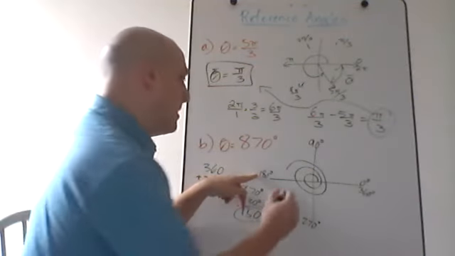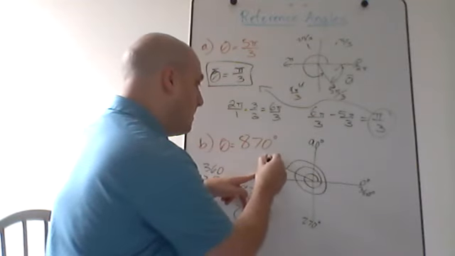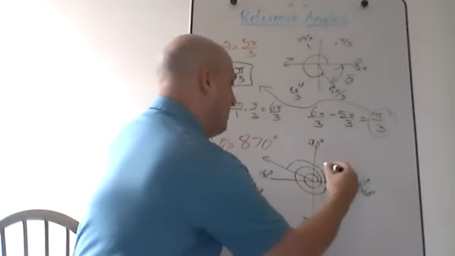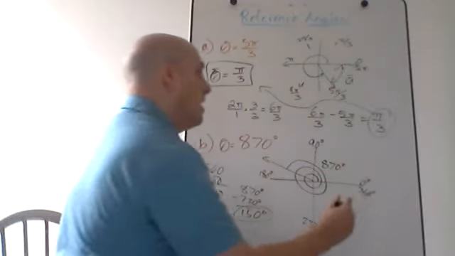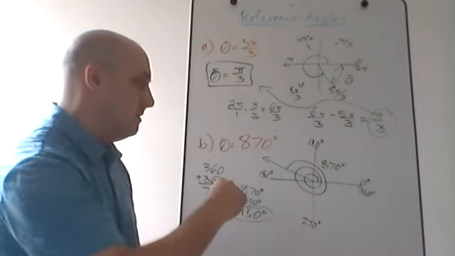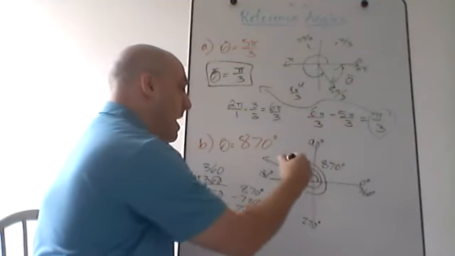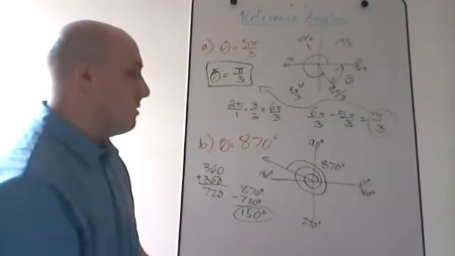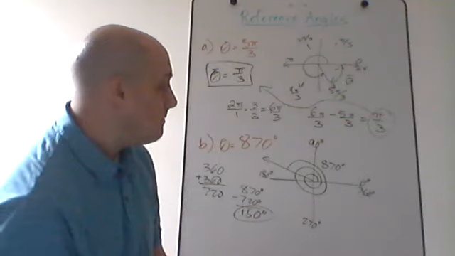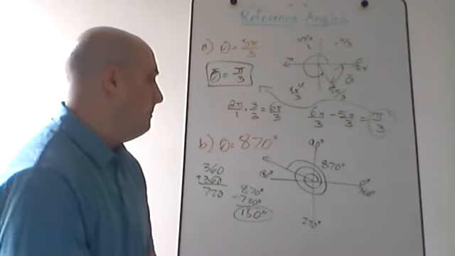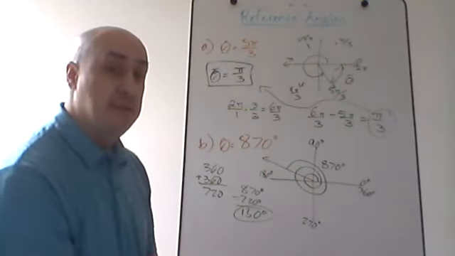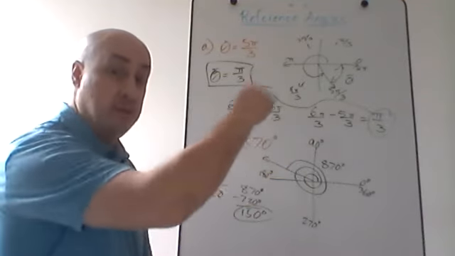I'm stopping before I get to 180. So there's my angle of 870 degrees. 2 full laps around the circle, or two full rotations, and then another 150 degrees beyond that, which takes me over into the second quadrant.